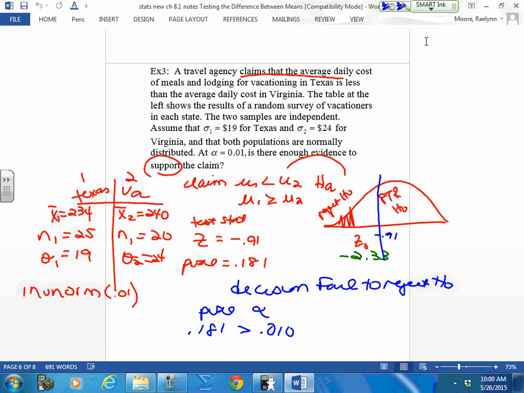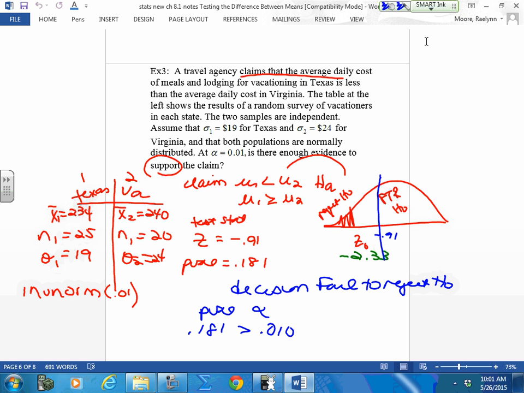Fail to reject H0. Your interpretation says, if you fail to reject your H0, can you support the claim? No. There's not enough evidence to support the claim at the level of significance of 0.01 that the vacationing cost in Texas is less than the vacationing cost in Virginia. Good? Did it all come back to you?